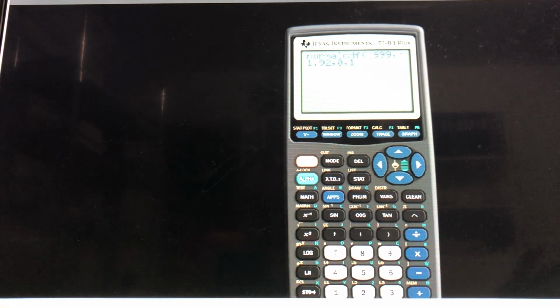And it won't even let you put a comma, so don't try putting a comma. Then down arrow to where it says upper, and then you would put negative 1.92 there. And I think the first time you go in there, if you've never used that calculator before, it'll already have the 0 and the 1 in the third and fourth slots. That's what it defaults to.